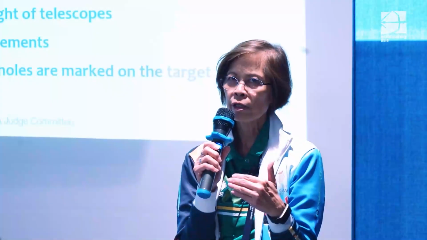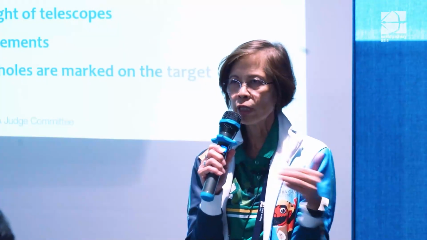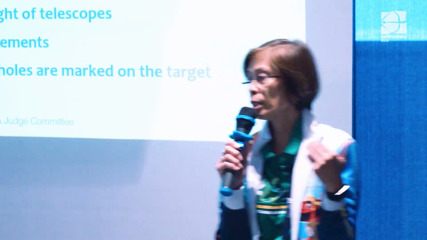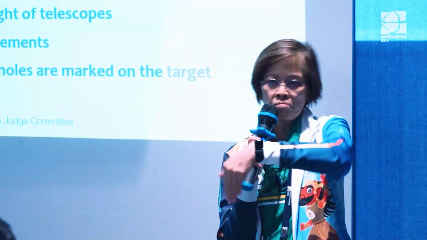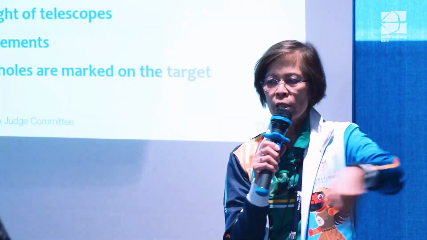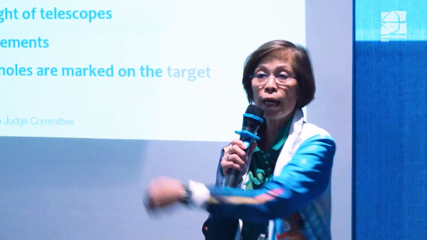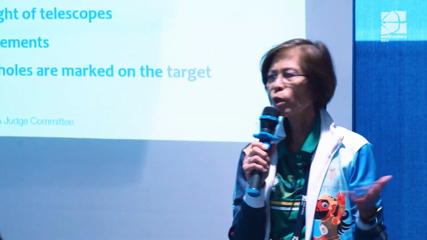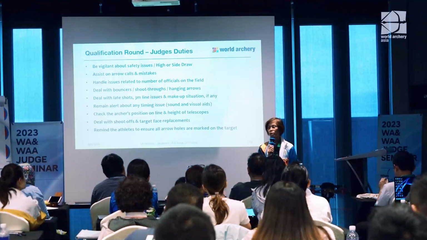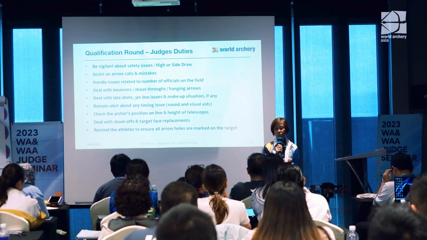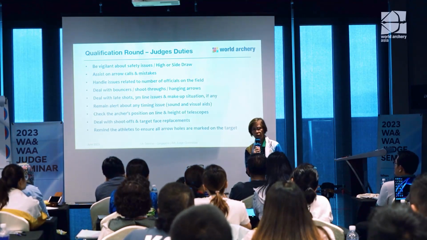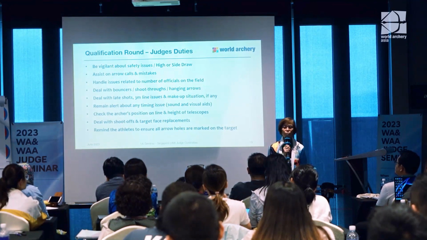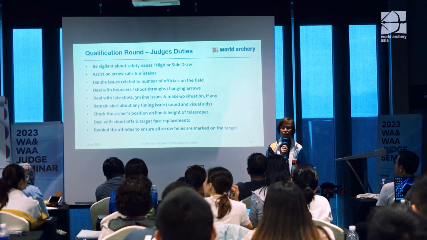This is qualification, and normally we are seated along the media line. You're looking at a lot of things. You're looking at the timers as well, to see if they're working properly.